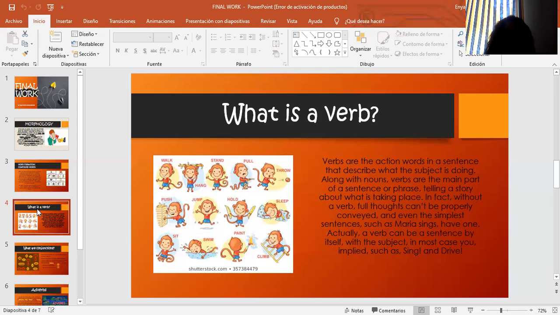We can find auxiliary verbs, also known as helping verbs, which are used together with a main verb to show the verb tense or to form a question or negative.